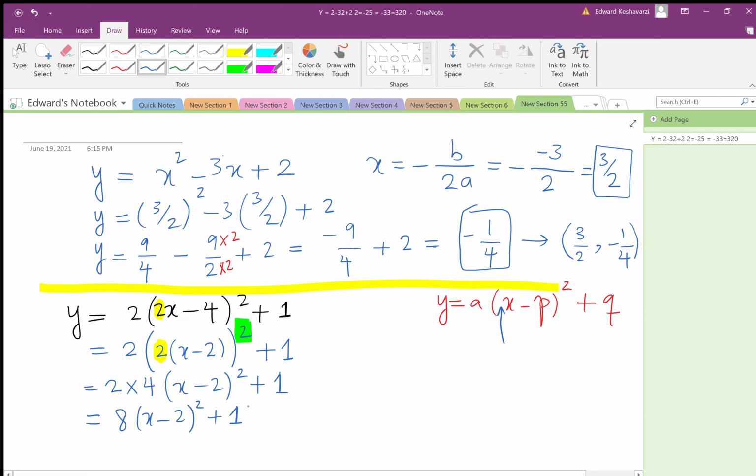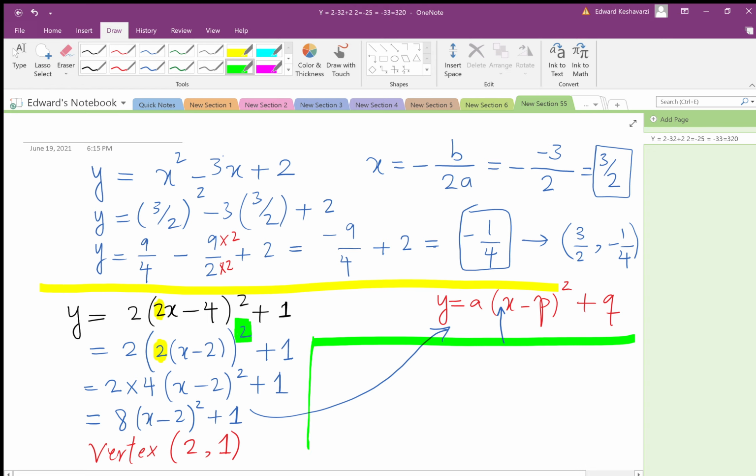Now we can claim that this is in the vertex form. Therefore, the vertex should be 2 and 1. So even though we tried hard to convert this equation into vertex form, it looks like this is not necessary.